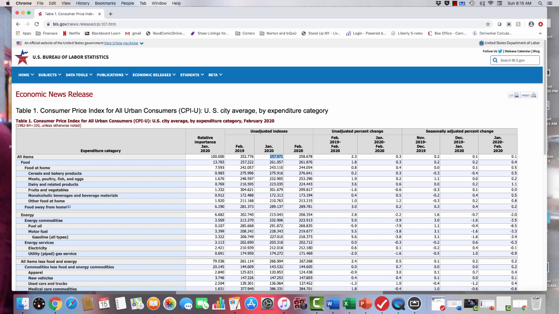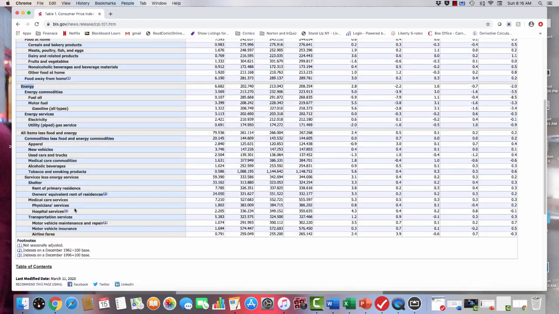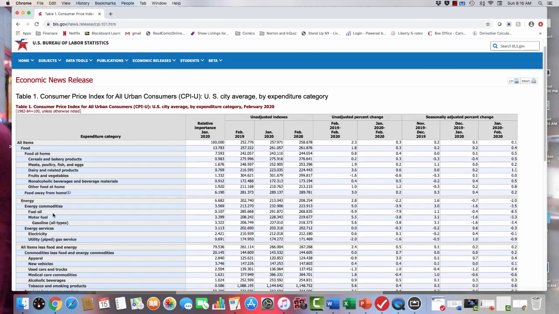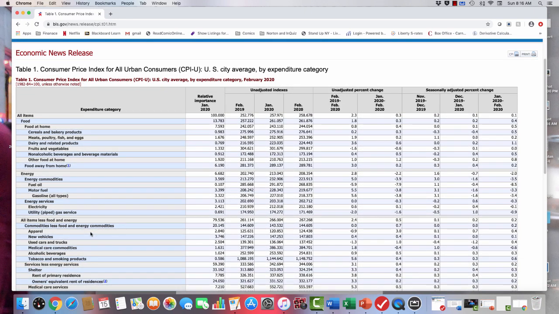Now what we're doing here is we're looking at just this one category, all items, everything. So that would include food, that would include energy, that would include shelter, medical services, transportation, everything that we buy, at least that's counted in the CPI. Now this particular table does some splitting out of things because energy prices tend to change a little bit more often.